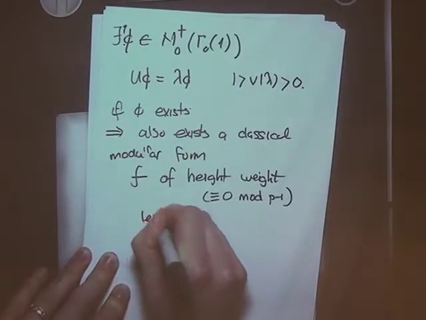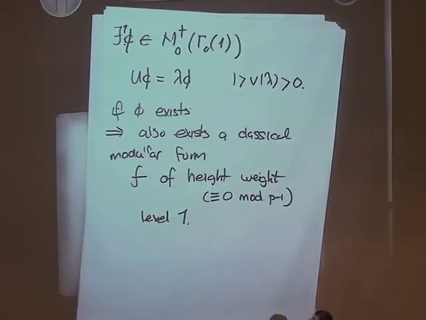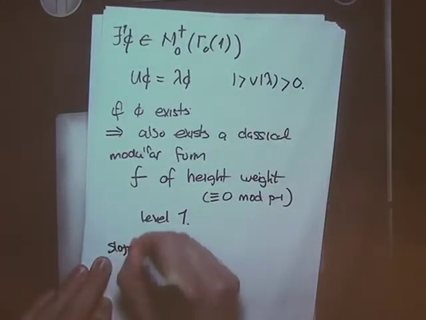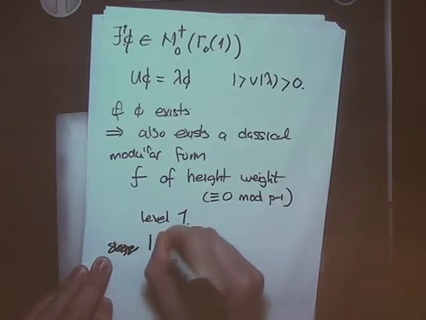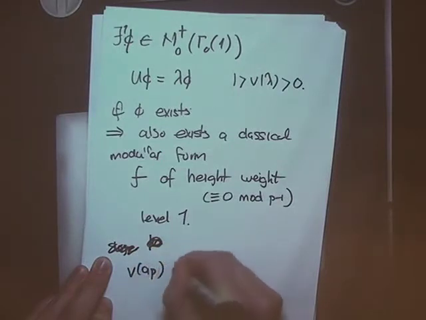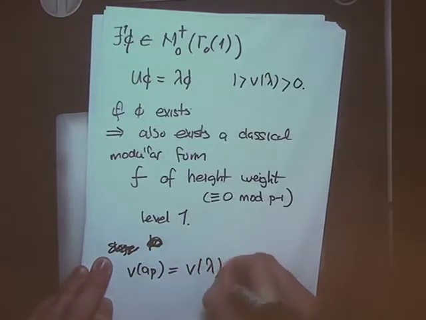And it has level 1, and such that the slope of F, so in other words, the valuation of AP is equal to the valuation of lambda.